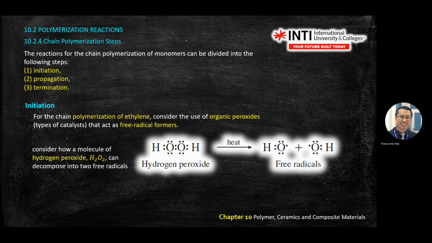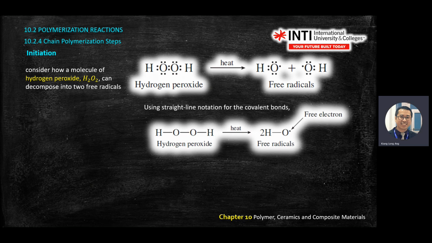Here, hydrogen peroxide with heat gives you free radicals: 2 of H, single bond, O, and then the dot for the free electron. Again, in your answer, if you have a free radical, for example oxygen, remember to include the one dot there to represent a free radical.